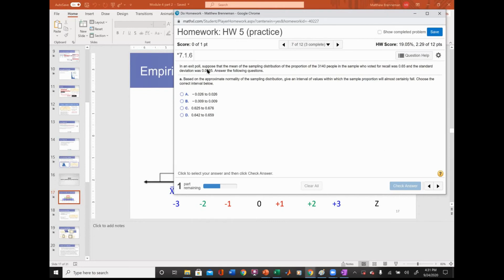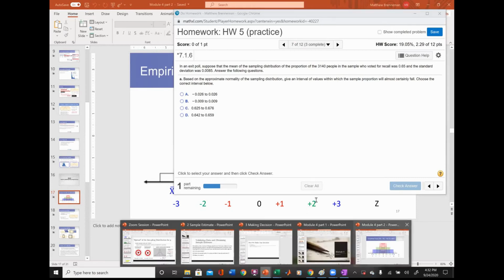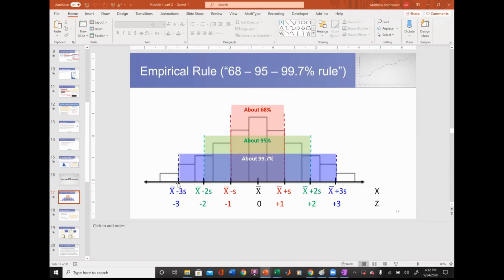And they're actually giving you the standard deviation. So what they're asking you for is the interval that contains 3 standard deviations of the value, from the point that's 3 standard deviations below to 3 standard deviations above. That's easy to do, right?